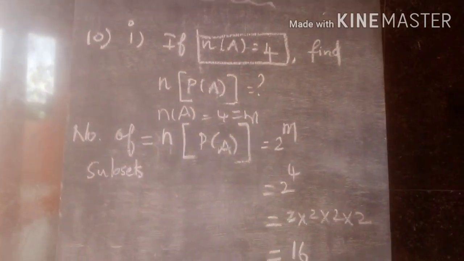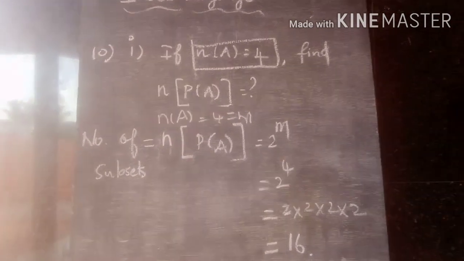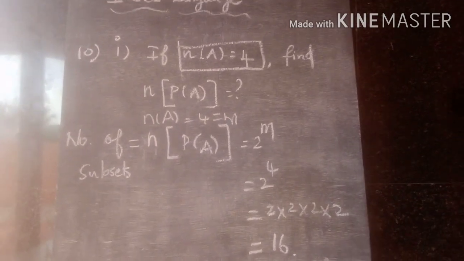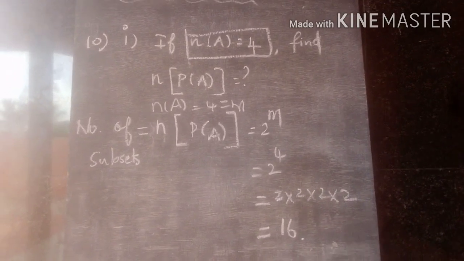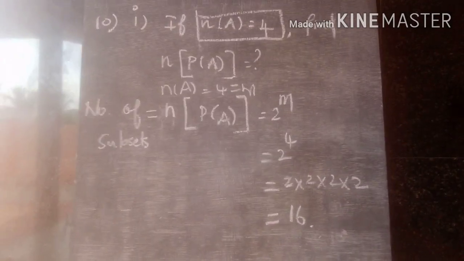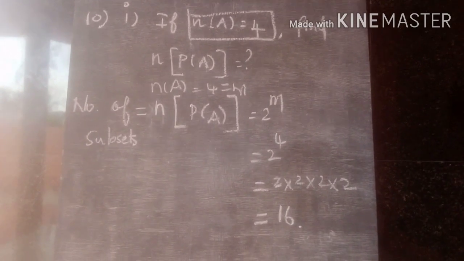Okay. So question என்னது? 10th la first one, if n of A equal to 4, find n of P of A. So given write பண்ணிட்டு n of A equal to 4. So n of A க்கு வந்து what is another meaning? Cardinality of the set. அதை நம்ம small m கூட denote பண்ணிக்கலாம்.